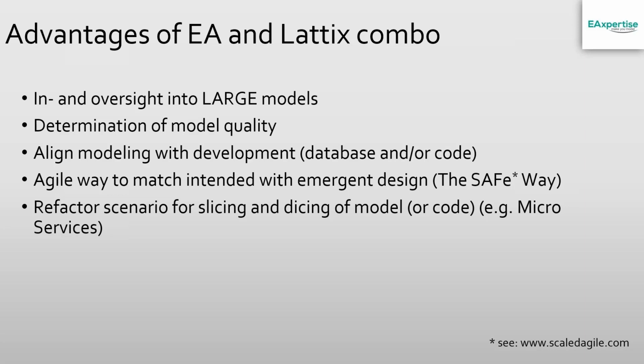If you want to do some refactoring of your model or your code base or your data structures, then you have a very good combination here. So that's very helpful.